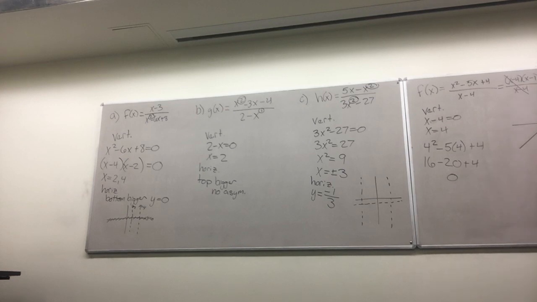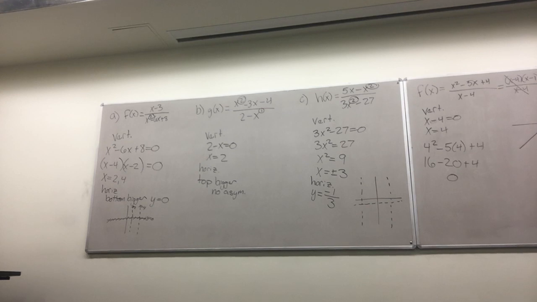So if we do y equals x minus 1 and we plug 4 in, we get y equals 4 minus 1 or 3. So we go out to 4, 3, and instead of a full line, we have an open circle there. That's what that graph looks like.